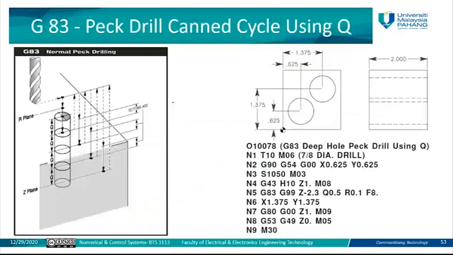That means it's not just one simple hole, because the hole is very deep. So the spindle will go in stage one, stage two, stage three, stage four, and then it accomplishes the task of creating one single hole.